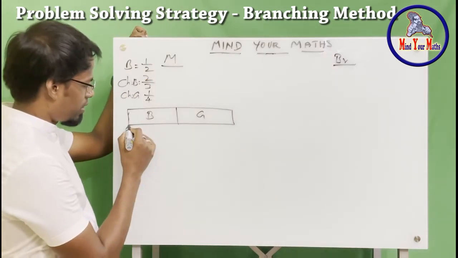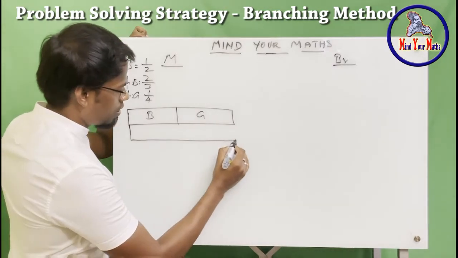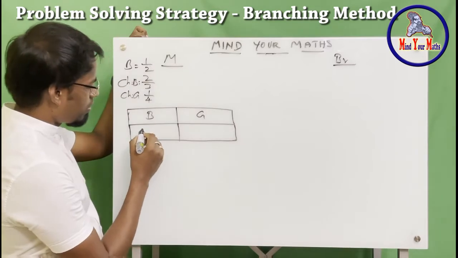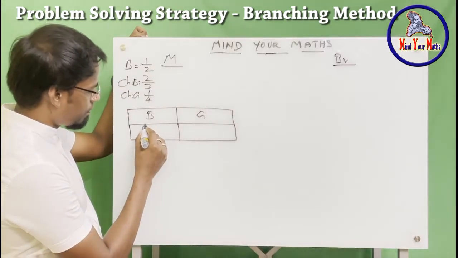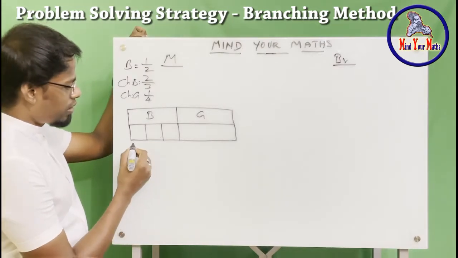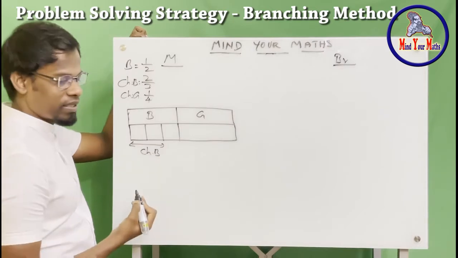So let's do it here. Let's draw another one, same size. Now if you split this into 3, these two are Chinese boys.